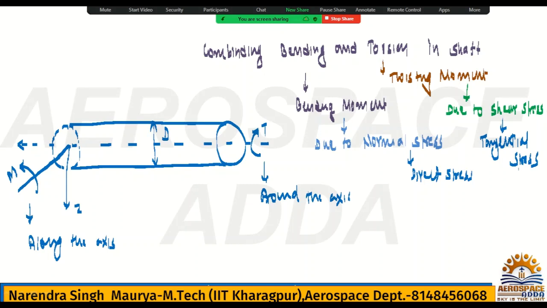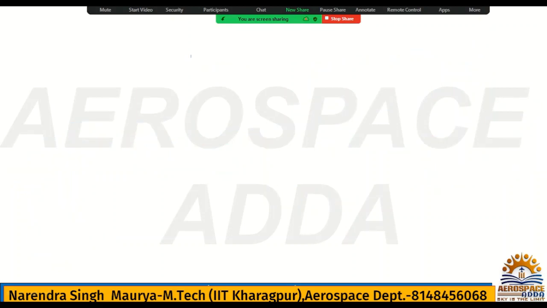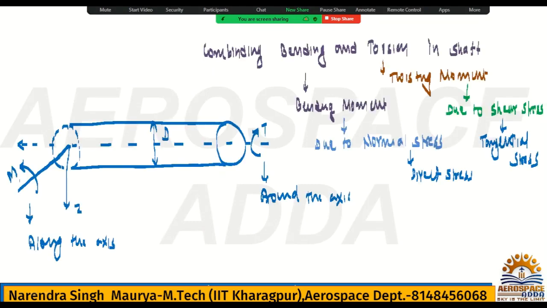Now for any circular beam, if the applied load is P, because you are talking about the normal stress, this normal stress will come because of the load, and that load is the axial load. Because of the axial load you will have a normal stress or direct stress.